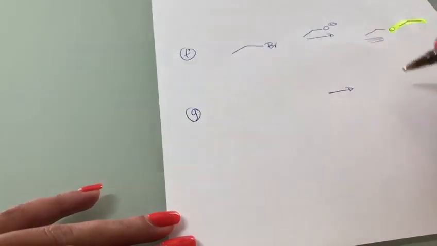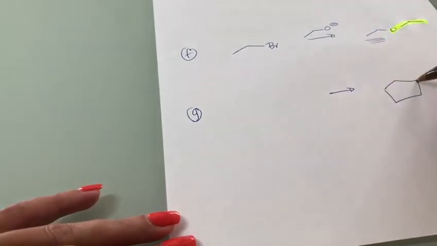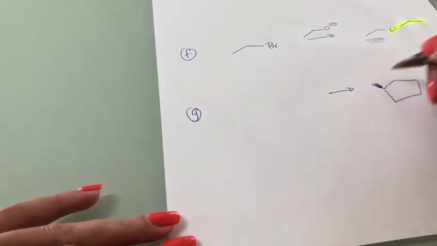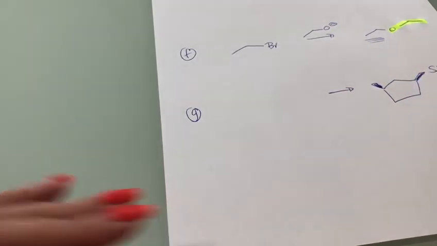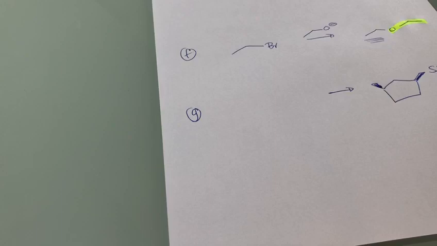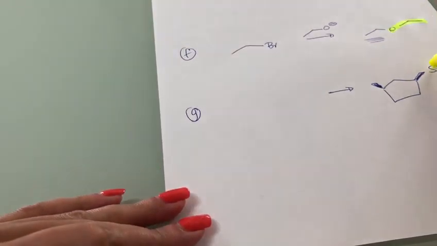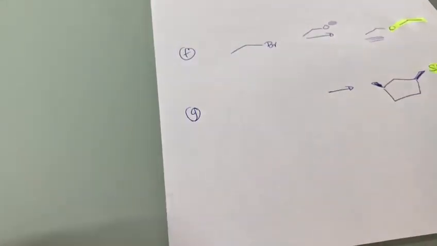We need to synthesize the following compound. Okay. Keep in mind that you need to have a haloalkane and the nucleophile. Identify what is the nucleophile, this one.